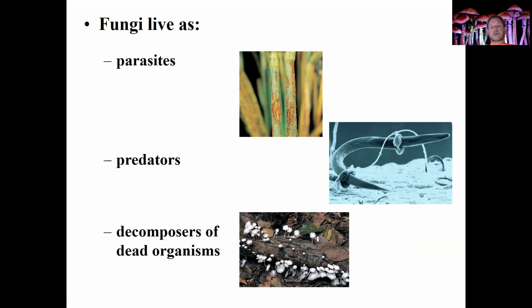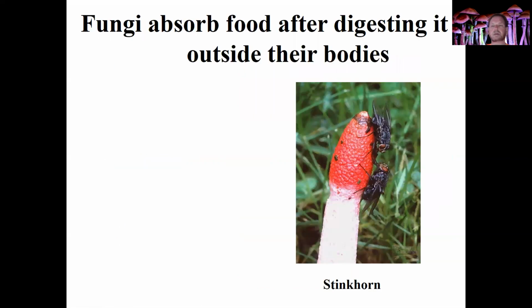And most fungi are saprobes or saprophytes, right? Decomposers. What's neat about fungi is when they eat, they don't digest things inside of their bodies, but secrete enzymes called exoenzymes to digest the things that they want to digest outside of their bodies.